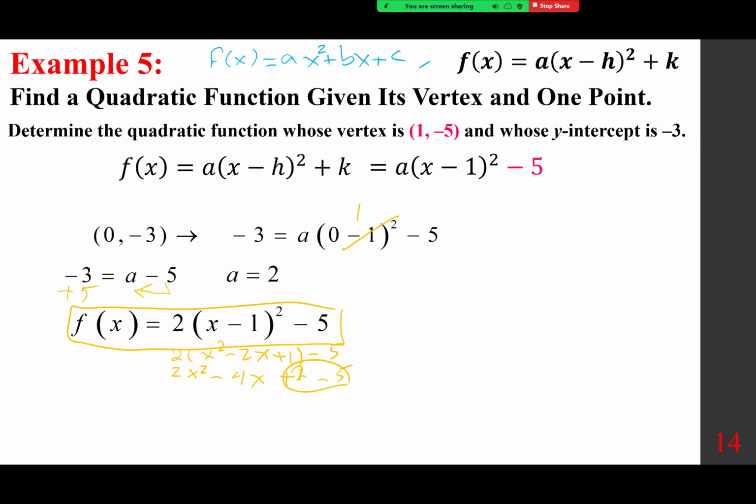The 2 and negative 5 add up to negative 3, and that's fine.